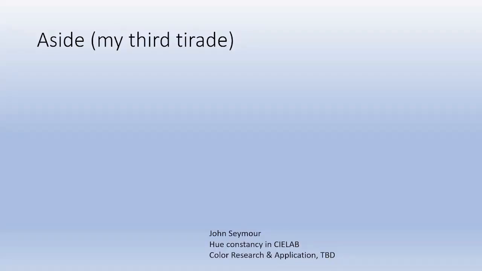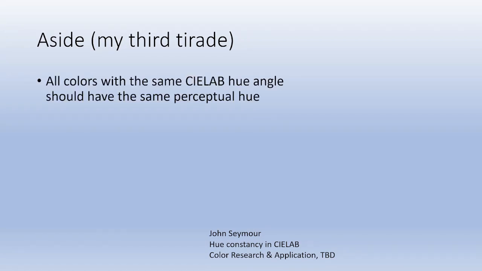And now for my third tirade. Tirade is based on a paper that I will be submitting to Color Research and Application. You would think that all colors that have the same CIELAB hue angle would look like they are the same perceptual hue. In other words, you would want the CIELAB color space to reflect how we perceive hues.